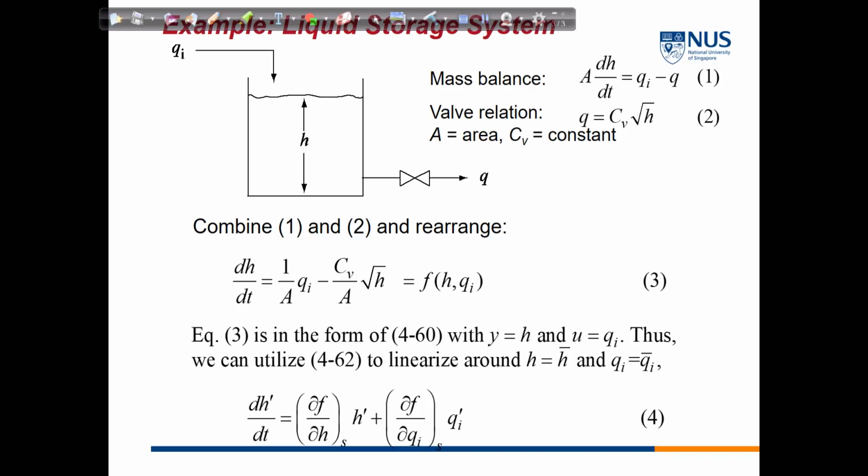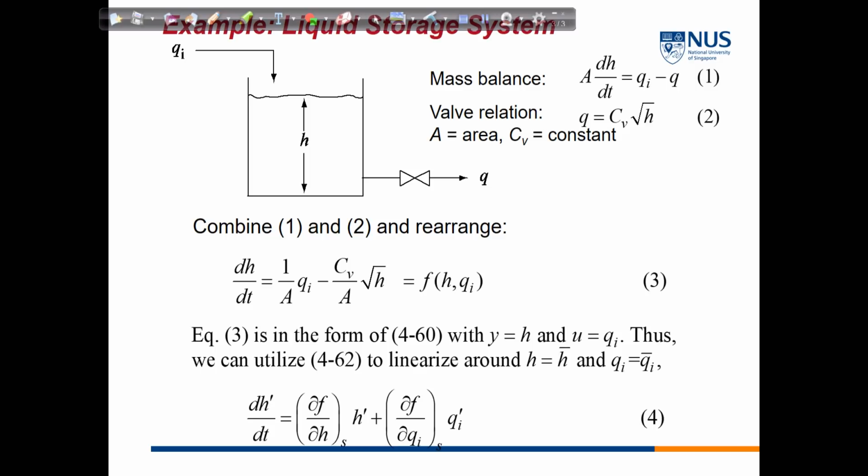And here it has the valve relation of Q corresponding to the coefficient, the constant Cv, the valve constant, multiplied by the square root of the head H. So this is the empirical equation defined here about the valve.